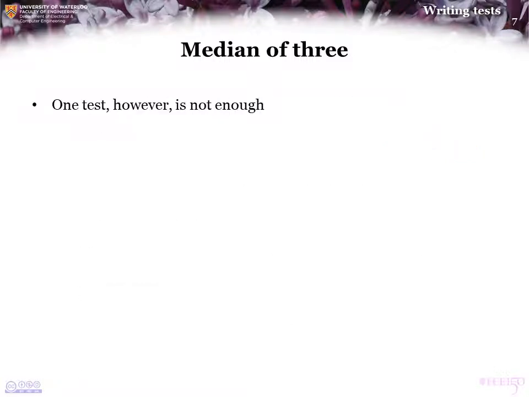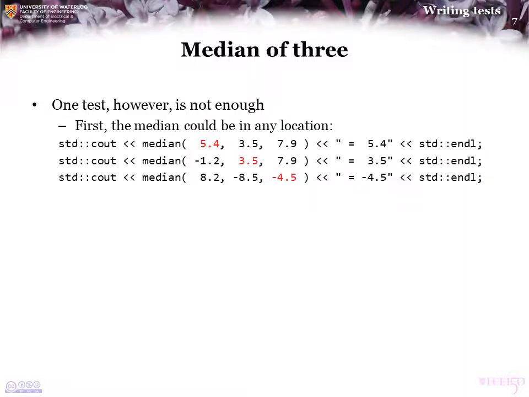Now, as you may guess, one test for the median function is not enough. First of all, the median could be any of the 3 arguments. So here I have 3 tests, each of which has the median appearing first in the first argument, then in the second argument, and finally in the third argument.